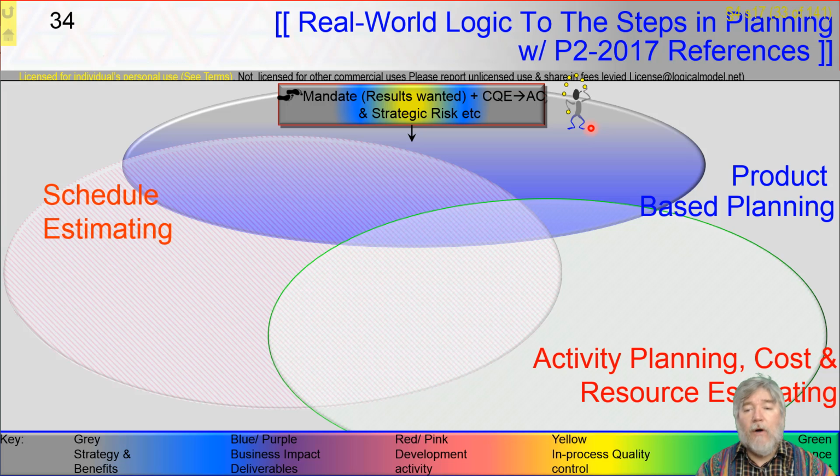Now, the PMBOK doesn't really cover this because it says that 4.1, which is produce charter, has as an input either a customer coming along with some sort of agreement or contract, or the business providing us with a business case. And Prince is saying, well, actually we need to have thought about that a bit more than perhaps the PMBOK does.